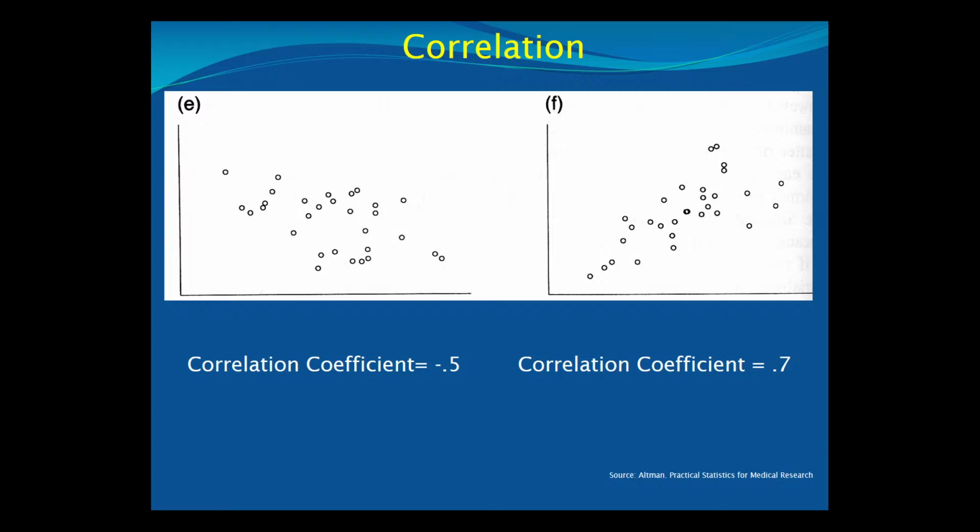In graph F, all points go upward. Look at the correlation coefficient for graph F. It equals 0.07. So if we get a negative sign, this means negative correlation. For a positive sign, we have positive correlation. According to the graph, we can depict this correlation by using different directions.